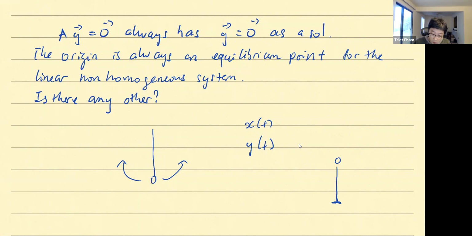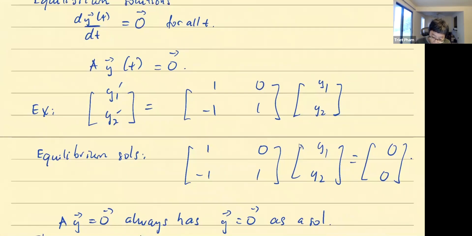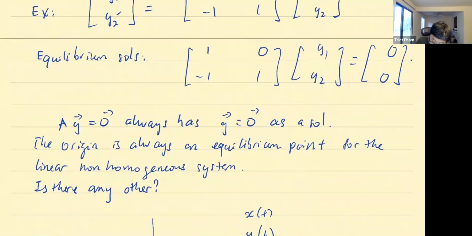So in general, when you have a system like this, you wonder, is there any other? Yeah. So that's why I say the origin is always, oh, what am I saying? I apologize. For the linear homogeneous, I'm sorry.